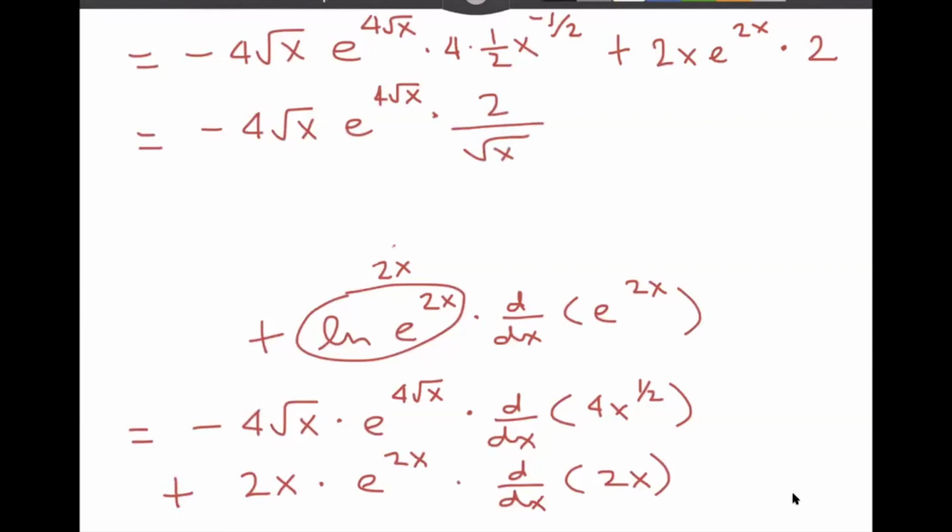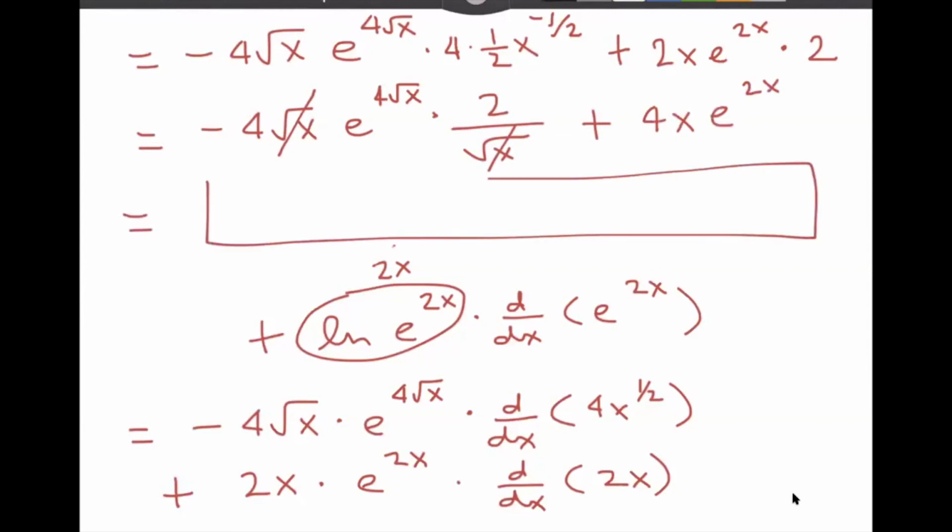So I want to do that because now that'll get rid of this and this. Okay. This, of course, is just going to turn into 4x e to the 2x. So my final answer is going to be negative 8 e to the 4 square root of x plus 4x e to the 2x. Wasn't that fun?